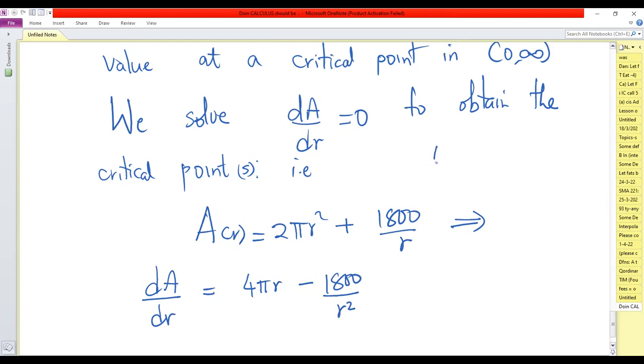Remember, this term can be written as 1800 R raised to power negative 1, so that explains why I have this as a minus sign. And then we equate this one to 0.